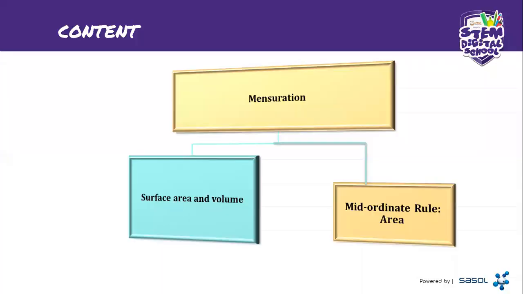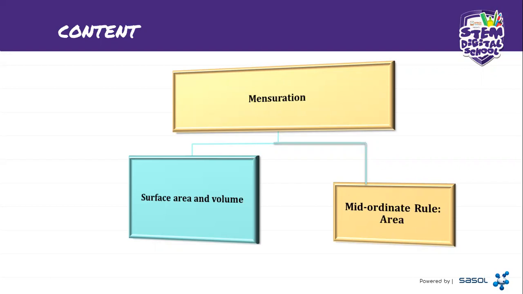Under content, under mensuration, remember this topic formed part of Paper 2. Under mensuration, the topic we'll look at first is surface area and volume, and we'll learn how to calculate the surface area as well as the volume.